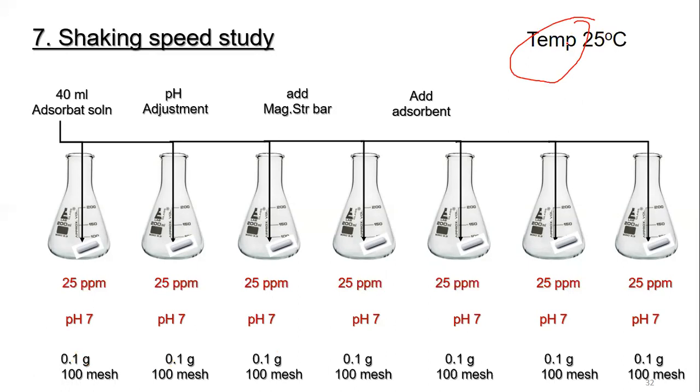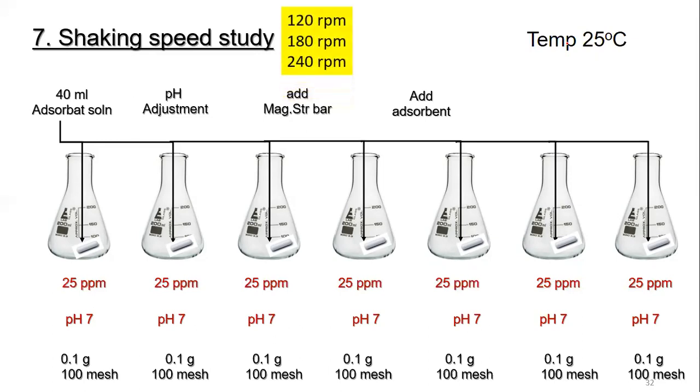We have just adjusted it on the hot plate at 25 degrees, or we are performing at room temperature, so we don't need to worry about temperature. Okay, then we shift all our flasks onto the magnetic stirrer plate, and we perform the experiment up to the time at which the equilibrium is established, and that value we are going to take from the time study.